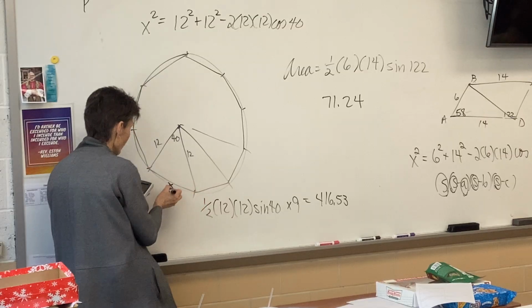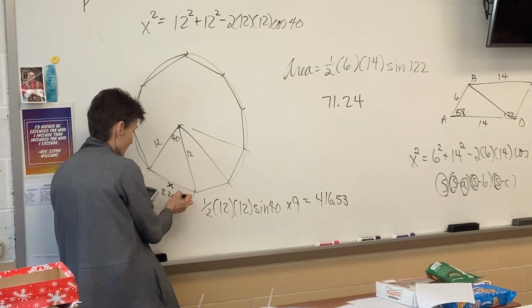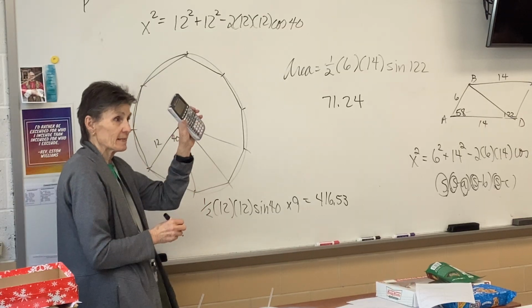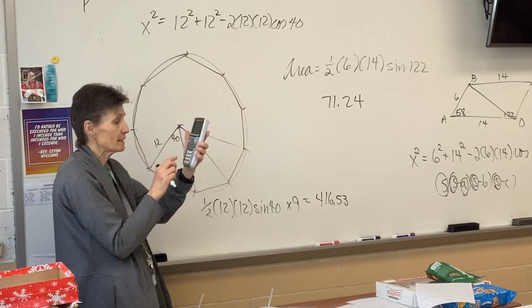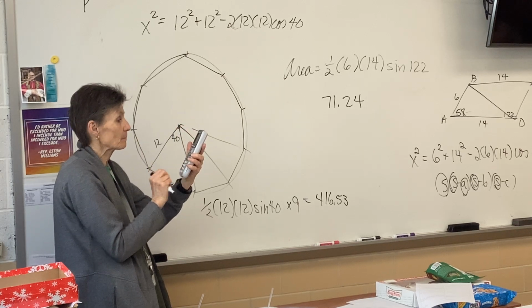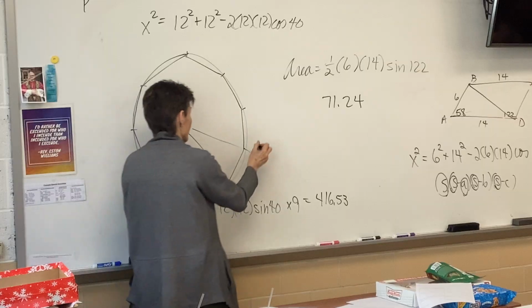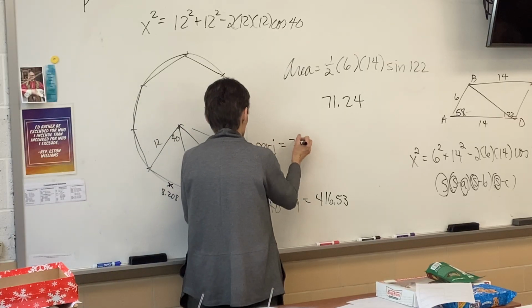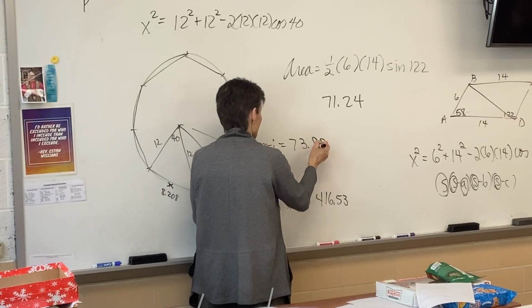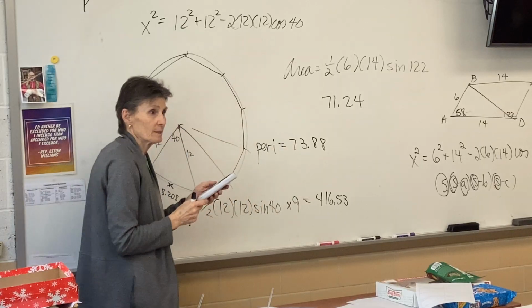So this is 8.208. But then I just take that number right off my calculator and hit times 9. And our perimeter is 73.88 meters.